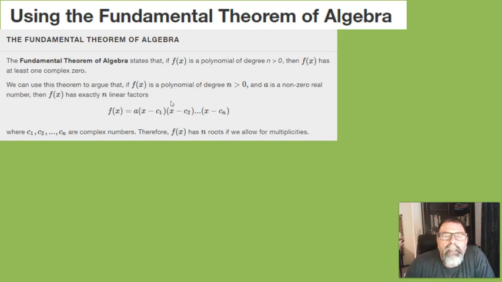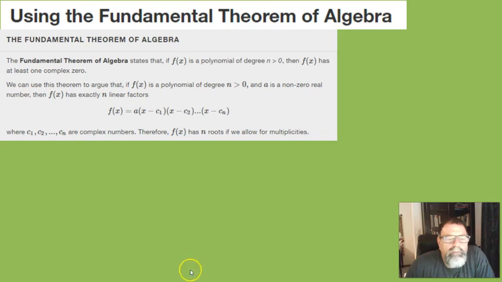So basically you can take any polynomial, and if you're allowed to use complex numbers, you can take any polynomial of degree n and split it up into n linear factors, right? And so c1, c2, cn are complex numbers. Therefore, f of x has n roots if we allow for multiplicity. So the roots would be if you set this equal to 0 and solve that equation, right?